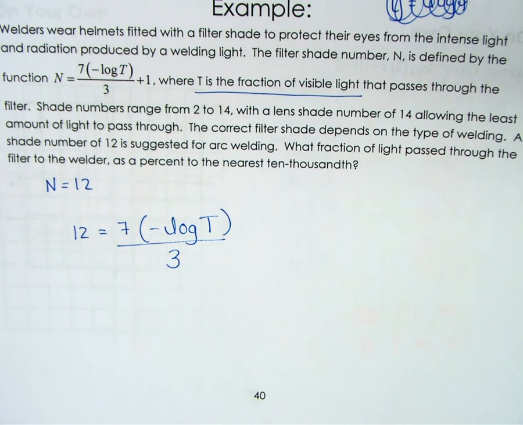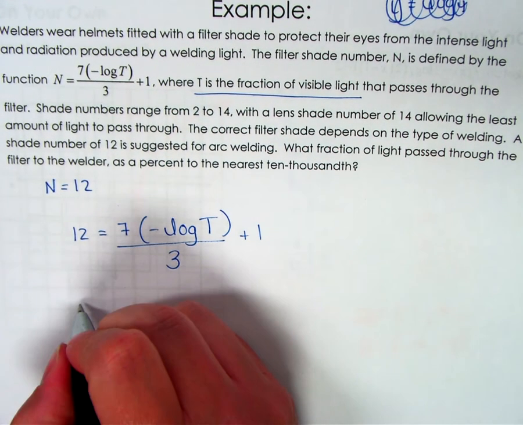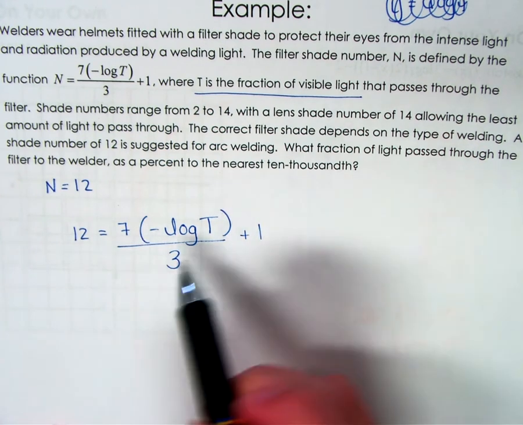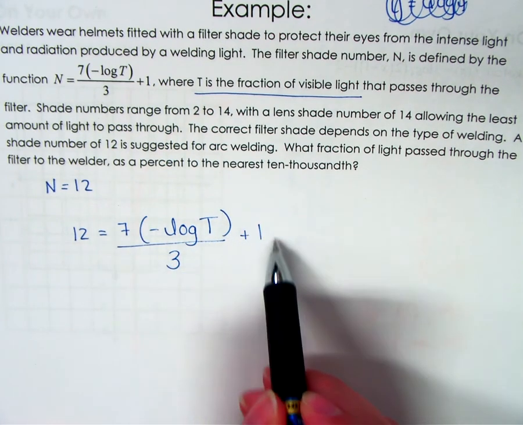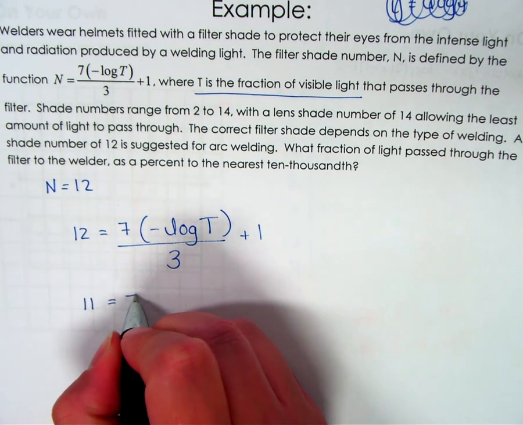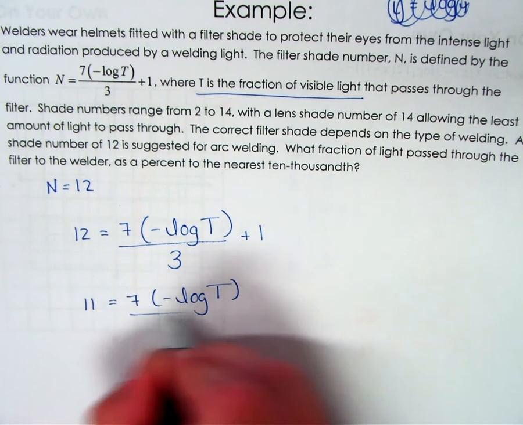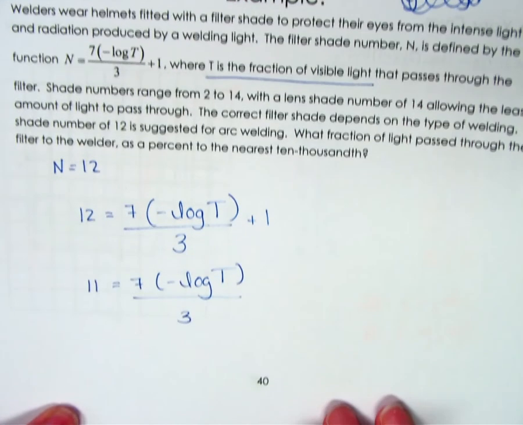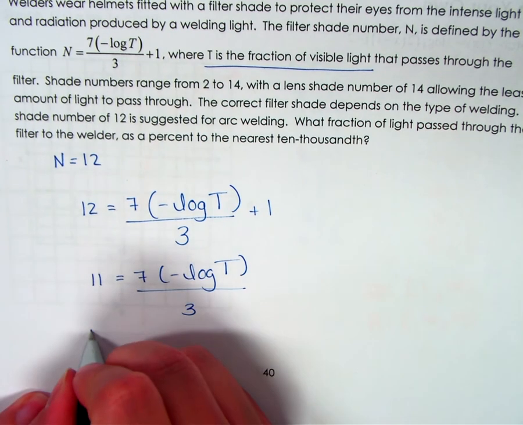All right. What do we do? Ooh, I missed a +1 there. Thanks. Subtract 1 from both sides. And the 3 is just over the logarithm, so we can go ahead and subtract that 1 because that doesn't have a denominator of 3. So we're going to have 11 equals 7 minus log capital T over 3. Yeah, times both sides by 3.